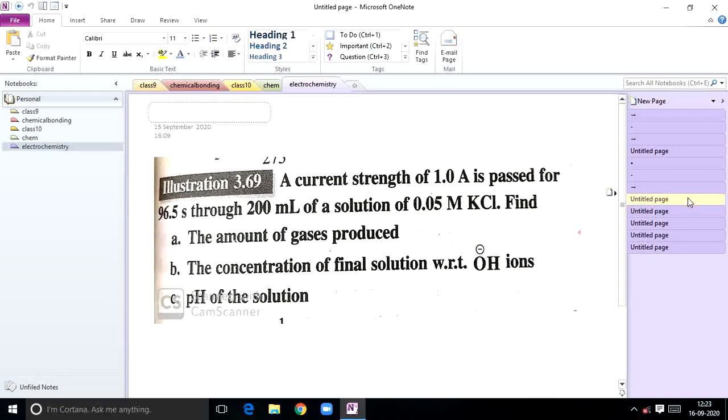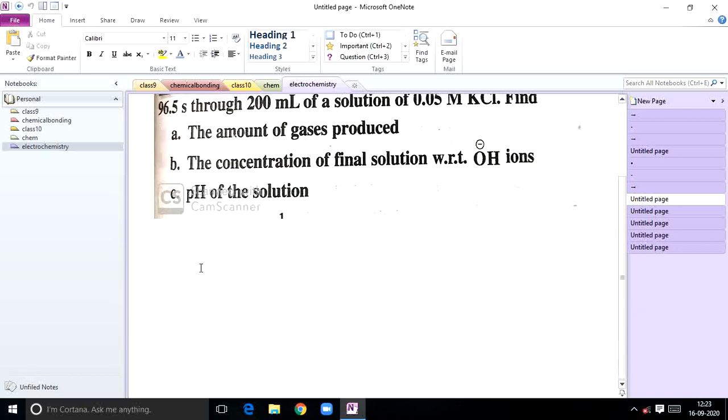So next this one, a current strength of 1 ampere is passed for 96.5 seconds through 200 ml of solution of 0.05 molar KCl. Find the amount of gases produced, concentration of final solution with respect to OH minus ions, pH of the solution. So here electrolysis of aqueous KCl. What are the reactions that take place at anode and cathode?